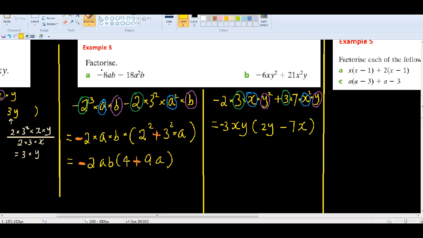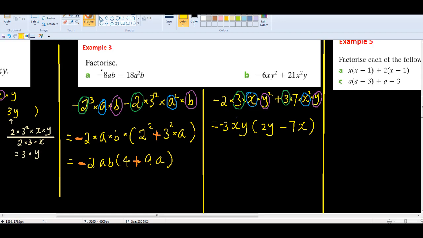Okay, so guys, you see, when we take out minus 3xy, that's the HCF. It is minus, not just 3xy. Again, 3xy is not wrong, but minus 3xy is better because the leading term is negative.